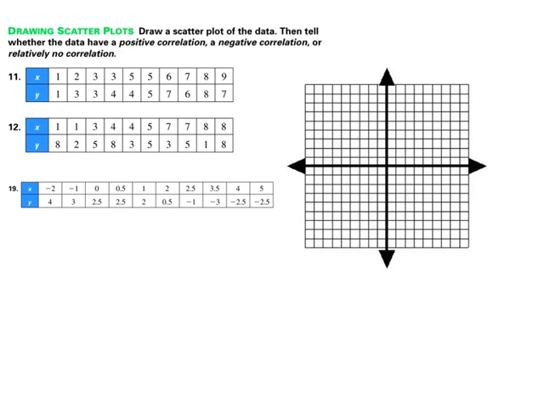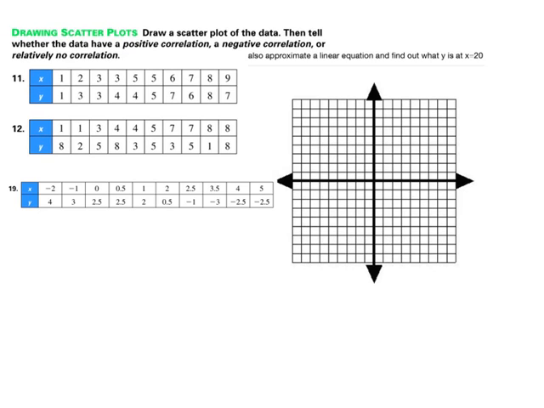It says draw a scatter plot and tell whether the data have a positive correlation, a negative correlation, or relatively no correlation. Also, approximate a linear equation and find what y is at x equals 20. So to do this, we need to graph all our points.